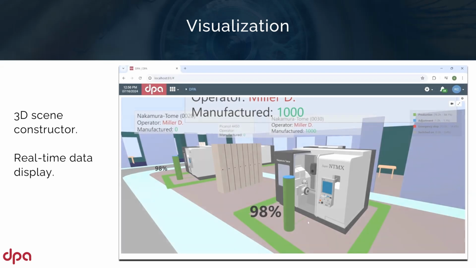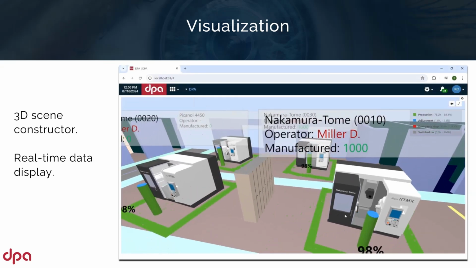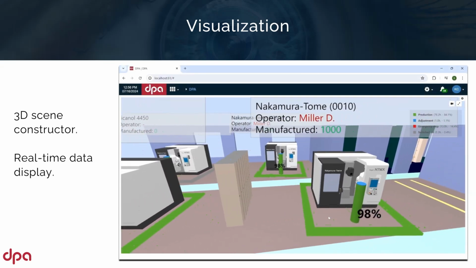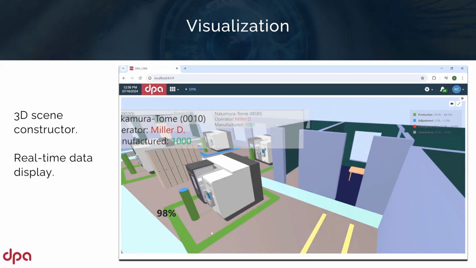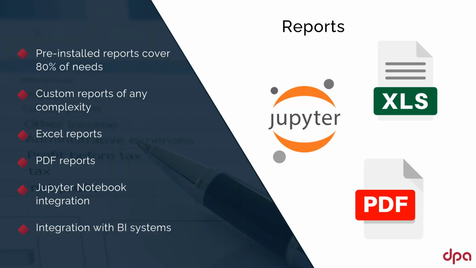Simplify monitoring and analysis. Quick access to necessary information reduces time spent on data search and analysis, increasing overall work productivity. 27 pre-installed reports cover 80% of enterprise needs. Or customize your own. DPA provides all necessary tools for this.